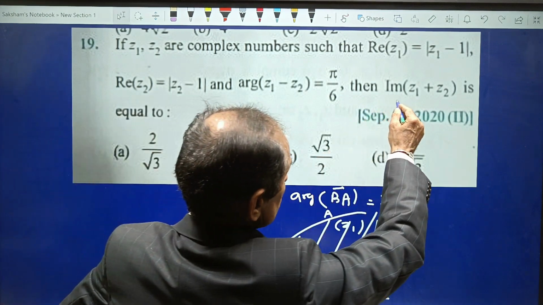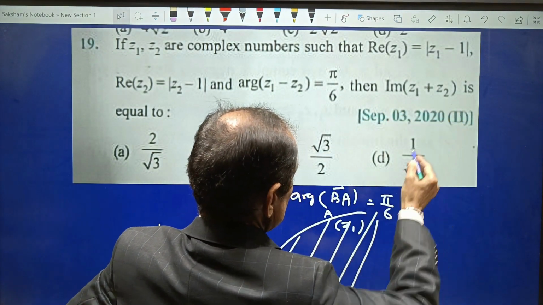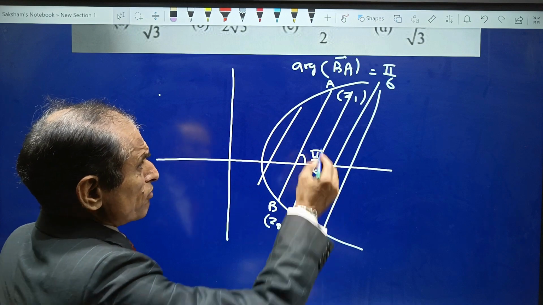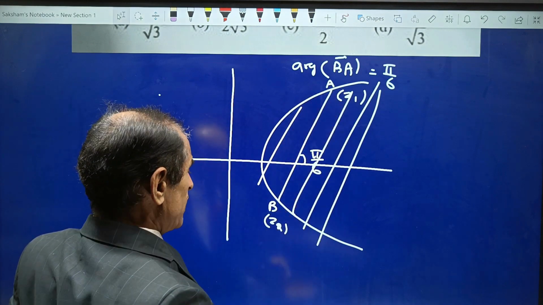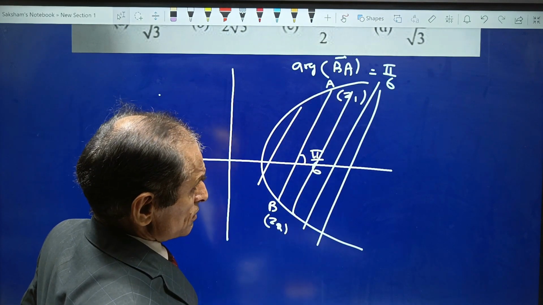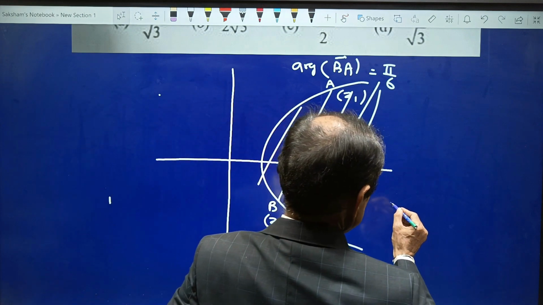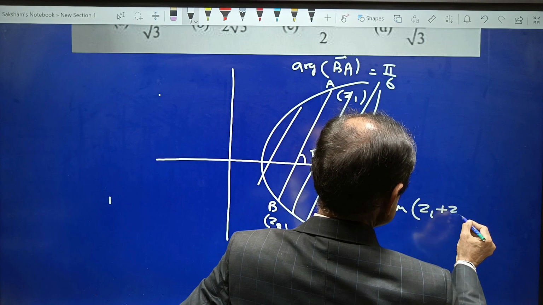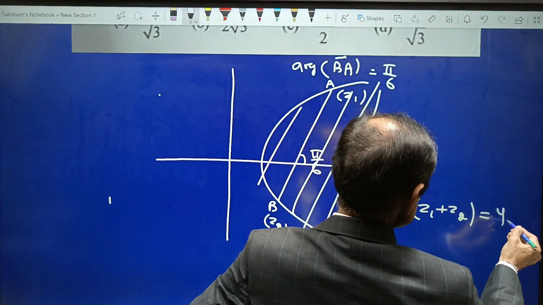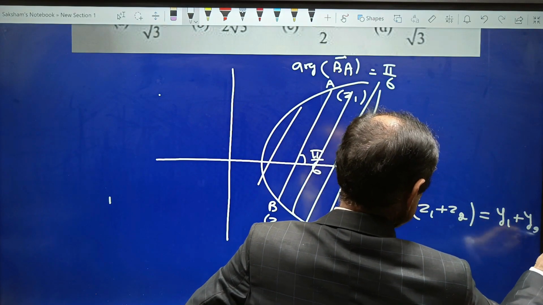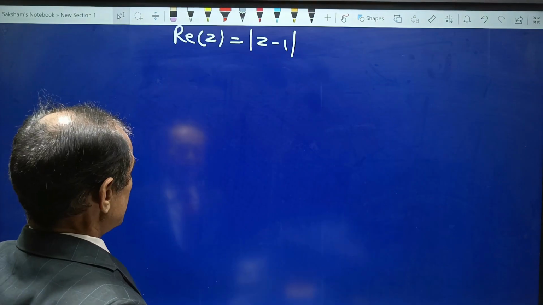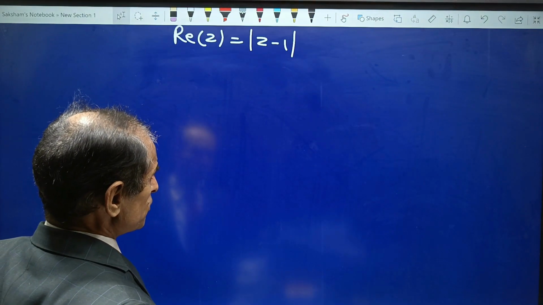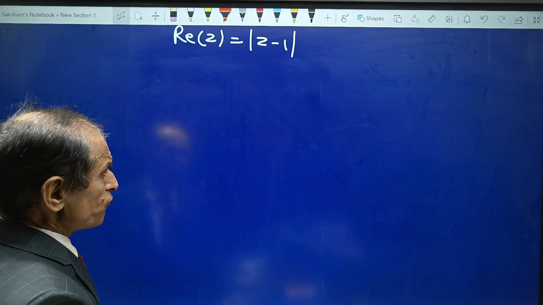And now imaginary part of Z1 plus Z2 means sum of the y coordinate of A and B. That is, I can say imaginary part of Z1 plus Z2 means y1 plus y2.